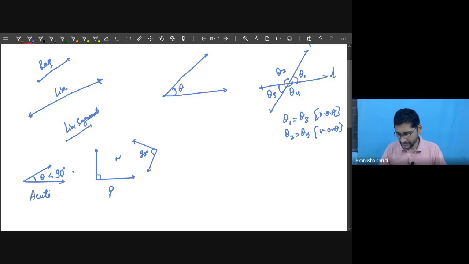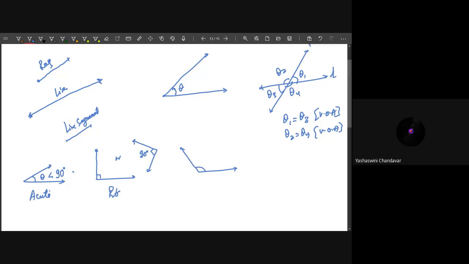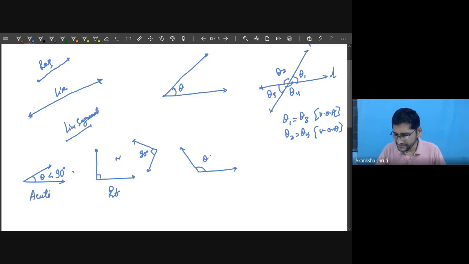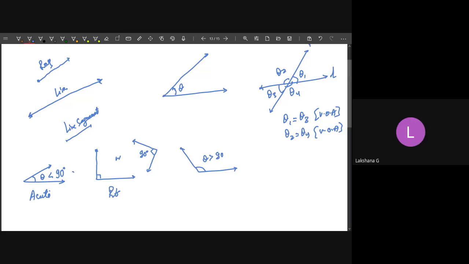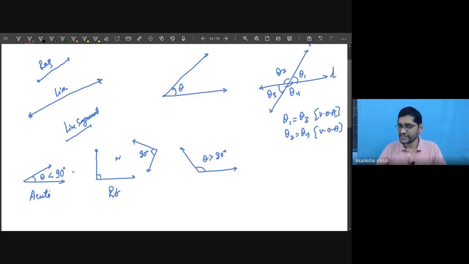So it is called a right angle. The other one is greater than 90 but less than 180. It is called an obtuse angle. Very good. So it is greater than 90, but less than 180.